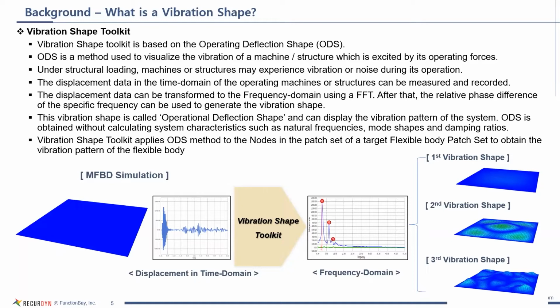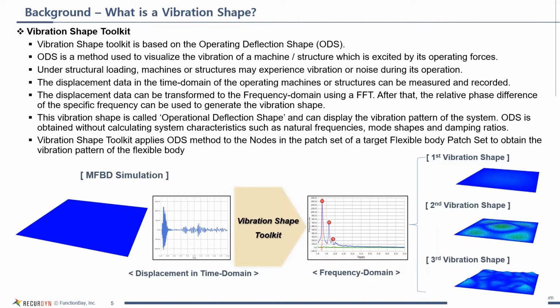By taking displacement data of the flexible body, whether it's a full flex or R-flex, we can do an FFT at the different nodes. And then the relative phase difference is used to generate the particular vibration shape.